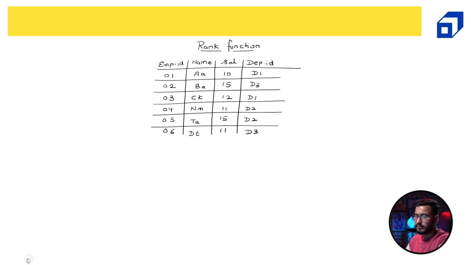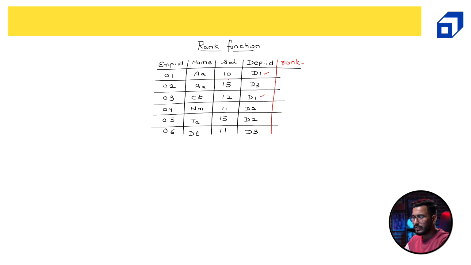Let's say I wanted to generate an additional column over here, and the name of the column is rank, and I wanted to rank employees according to their salary within their department. So if I look into department number 1, this is the employee in department number 1 followed by this employee.